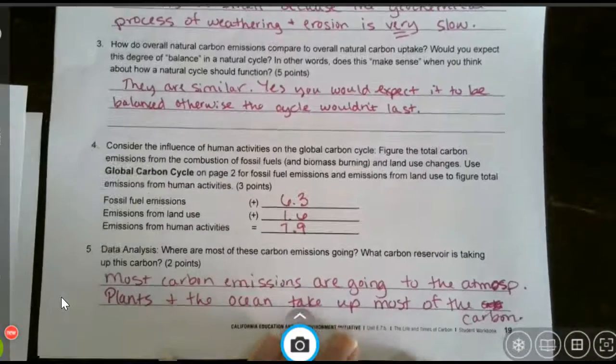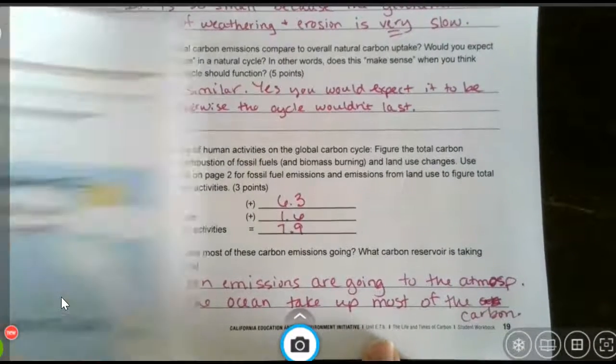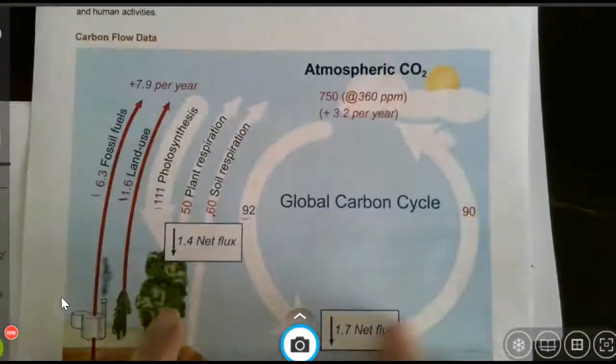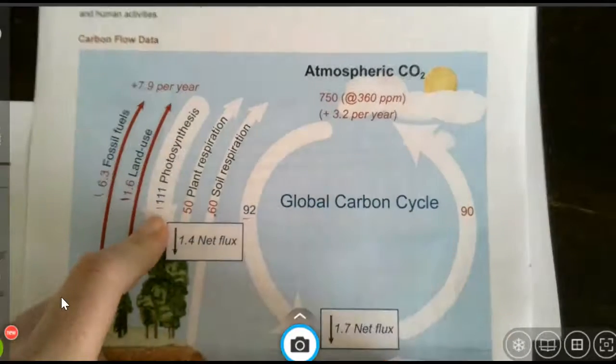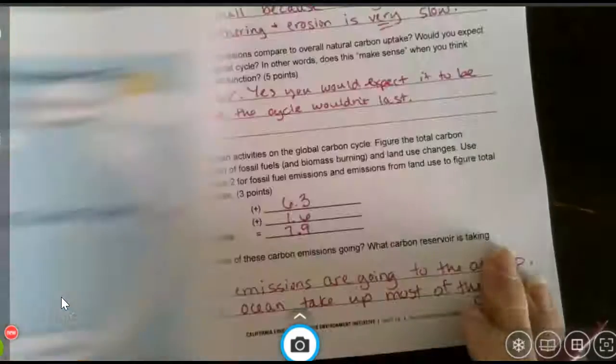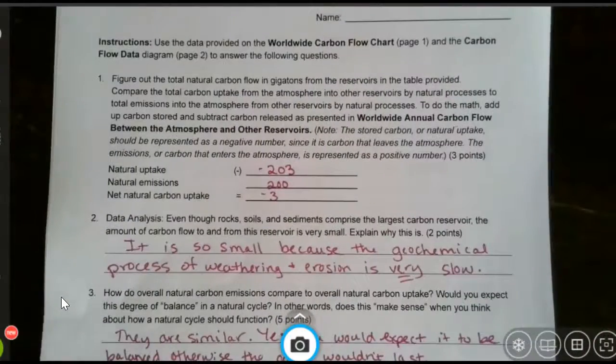And you know this because if you look at the picture here, once it's in the atmosphere, this is coming out through photosynthesis, so plants, and then going down to the ocean. Okay, so that would be numbers 1 through 5.